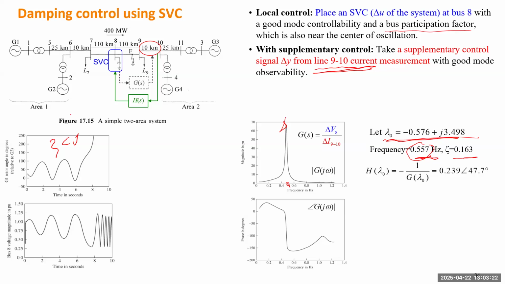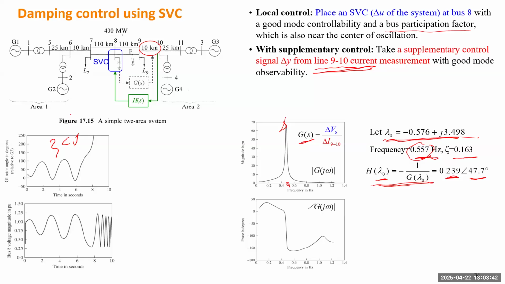So from previous slides, if we know the G(s), we know the transfer function, we only need to utilize this formula. So this one tells us to design the H(s), we need to make sure when we plug in the design eigenvalue to the feedback, it needs to generate this gain and also this phase shift.